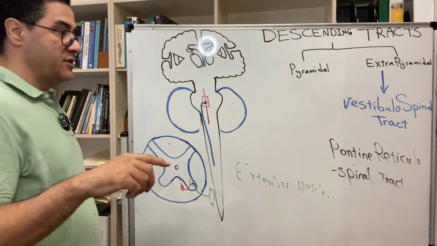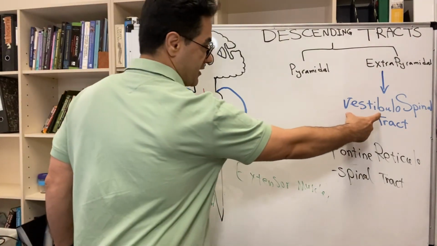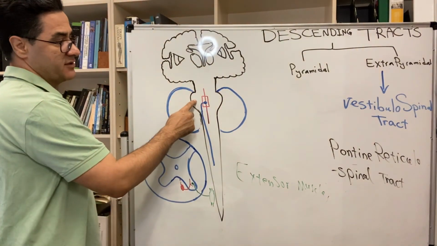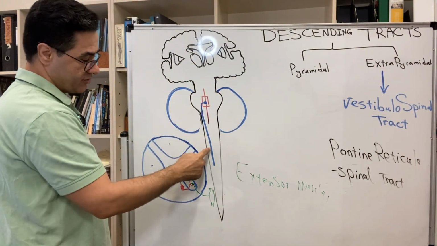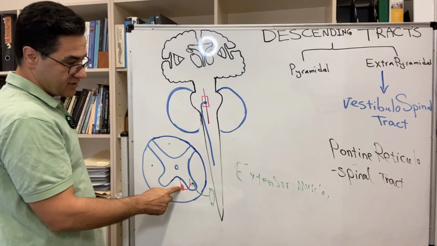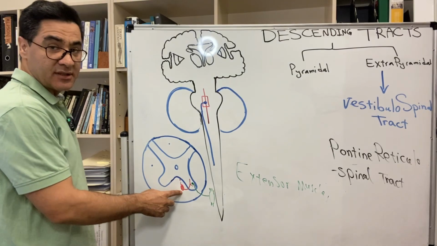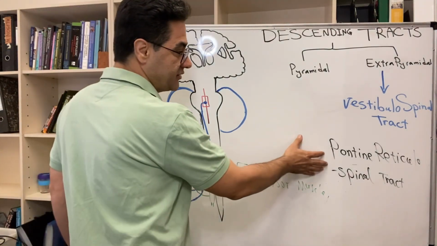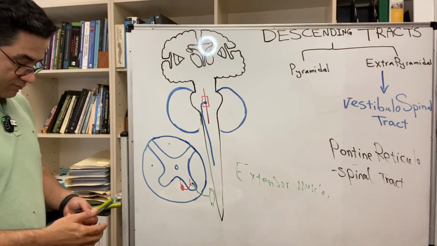If you watch my video about the vestibulospinal tract, as its name suggests, it's coming from the vestibular nucleus of the brainstem, and the upper motor neuron axon landing next to the Pontine Reticulospinal Tract here in the ventral column. So it seems that Pontine Reticulospinal Tract is little brother of the vestibulospinal tract.